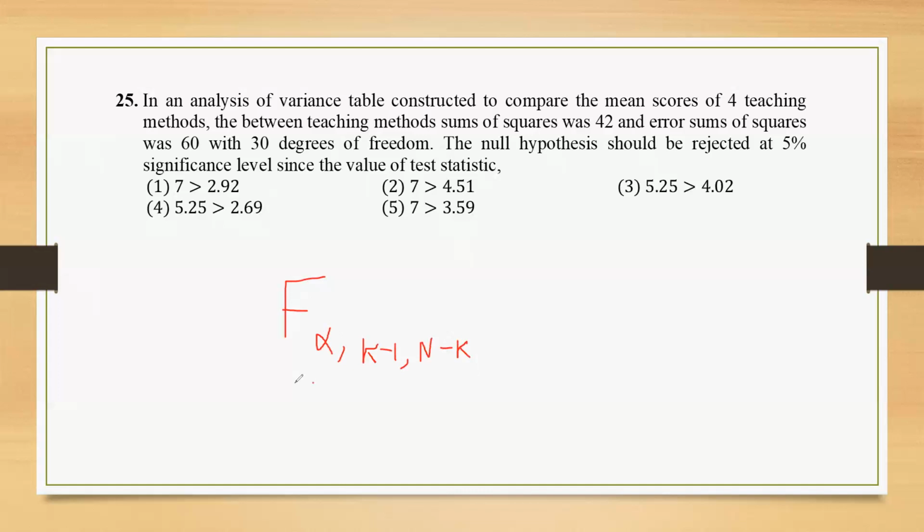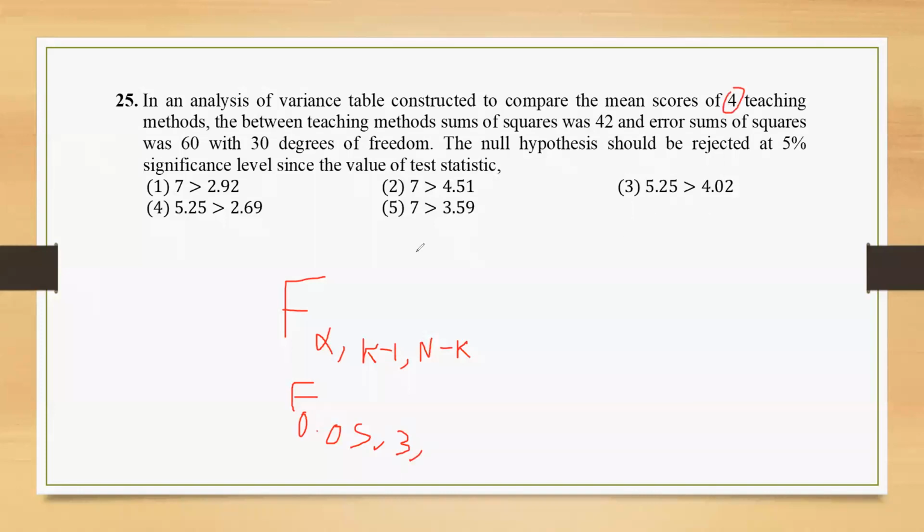Alpha is given as 0.05. K means the number of populations, samples or treatments. Here you have 4 different populations because there are 4 different teaching methods. Therefore 4 minus 1, that is 3.